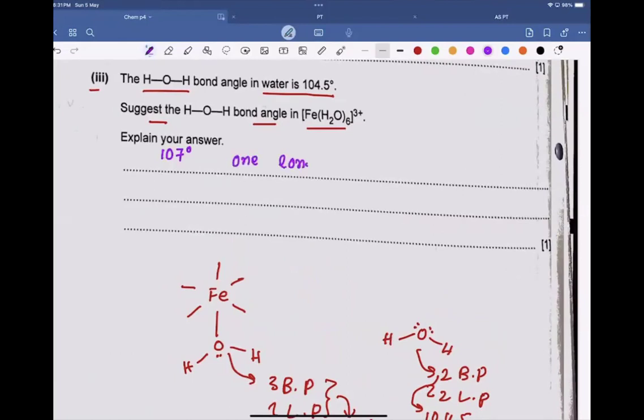And why? One lone pair of oxygen is shared to form a dative bond.